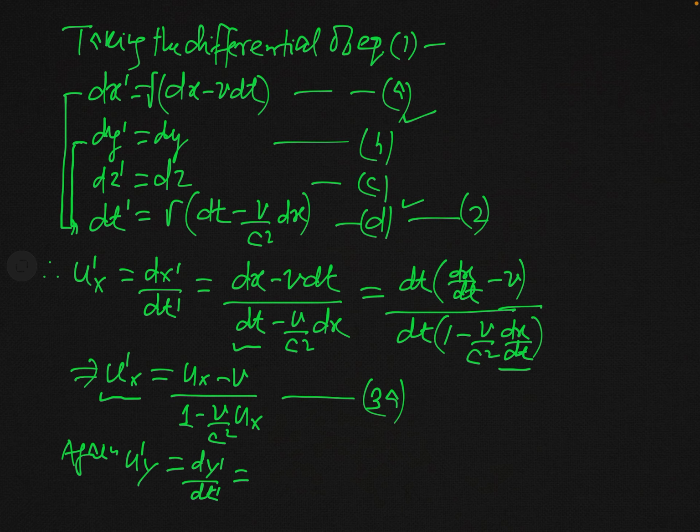And you can see on the right-hand side there is dy divided by gamma times dt minus v over c square into dx.